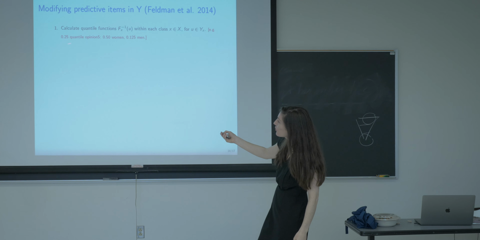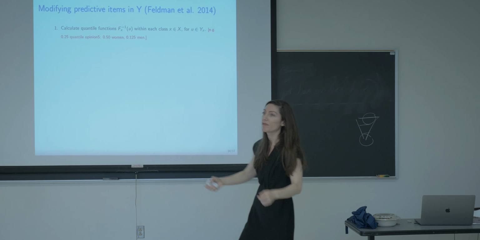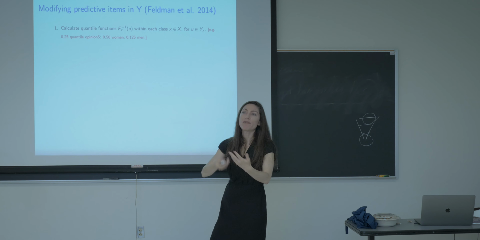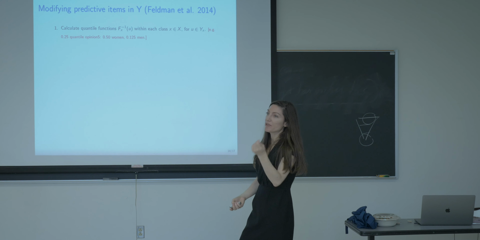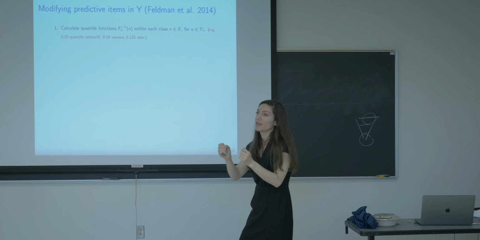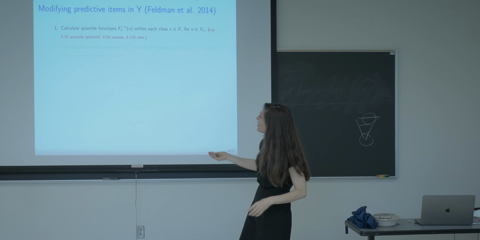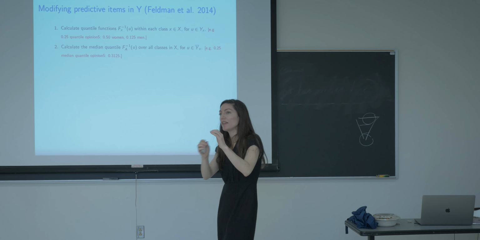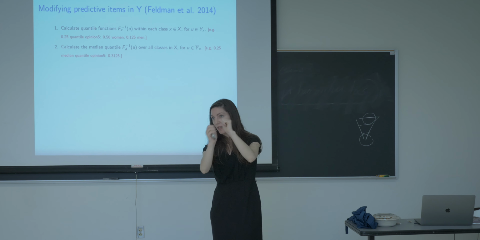Women at the first quartile of the distribution on that issue display a position of 0.5. Remember, positions on that issue range from 0 to 1, so 0.5 is indifferent. But men had a position lower than 0.13, so they tend to be non-supportive at the same position on the distribution. Then the next thing you do is calculate a median quantile function, meaning you take the median over quantile functions across the classes.